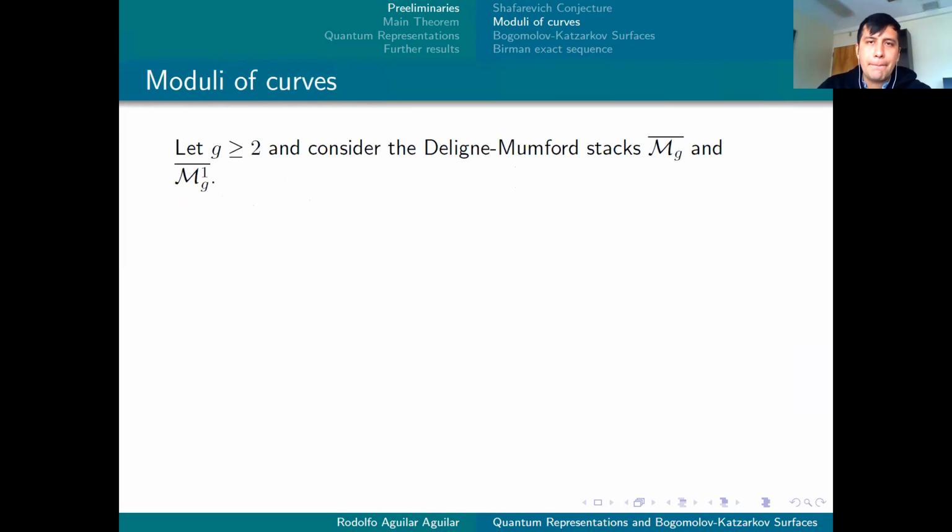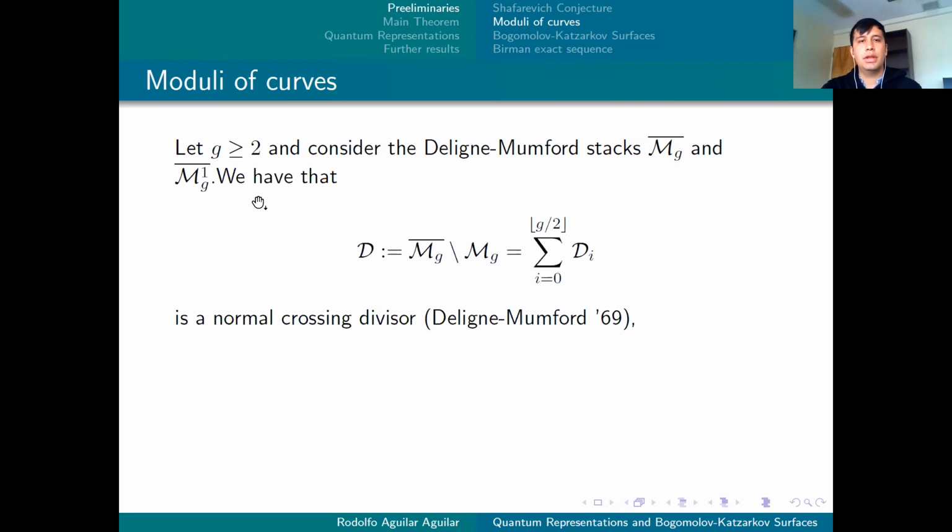Eyssidieux-Funar will apply this construction to the moduli of curves. So we will need to review the divisor at infinity of the Deligne-Mumford stacks. We will consider the Deligne-Mumford compactification of the moduli of curves and the moduli of stable curves with one puncture.